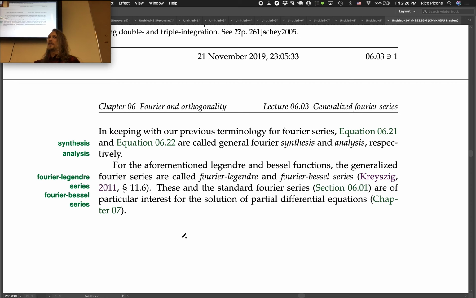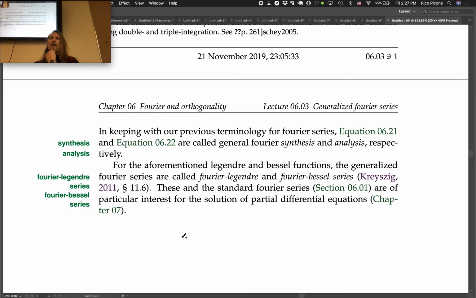Now that we know how to do generalized Fourier series, and that it's the orthogonality of the sine and cosine that really was important, there are solutions that can be written down for these partial differential equations in terms of not just the good old-fashioned Fourier series, but also in terms of these generalized Fourier series like the Fourier-Legendre and the Fourier-Bessel series. These are going to come in very handy for us.